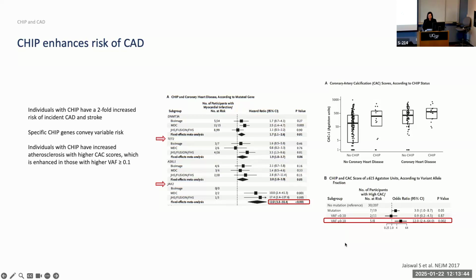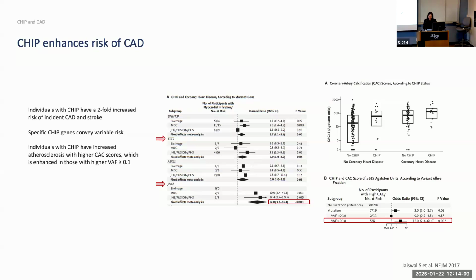If you have CHIP, you have an increased prevalence of a higher CAC score. But most importantly, if you have a higher variant allele frequency, that risk increases. So we do see a nice association in humans that having CHIP increases your risk for developing coronary artery disease. It correlates with a higher CAC score, and this is associated with increased mortality.